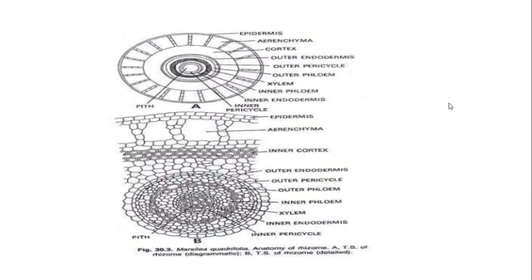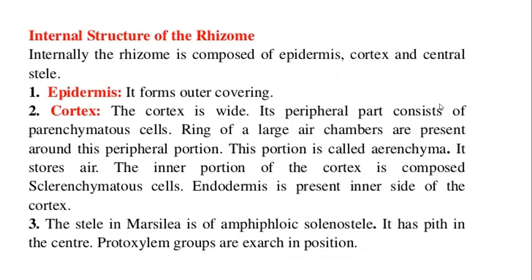What this means is that the stele region is differentiated into two steles. That's why this type of stele is called the amphiphloic solenostelic condition. I repeat, this is another important point: in Marsilea, in the anatomy of the rhizome, the stele is described as amphiphloic solenostele.